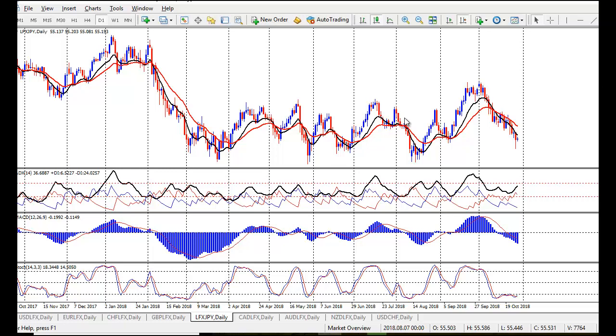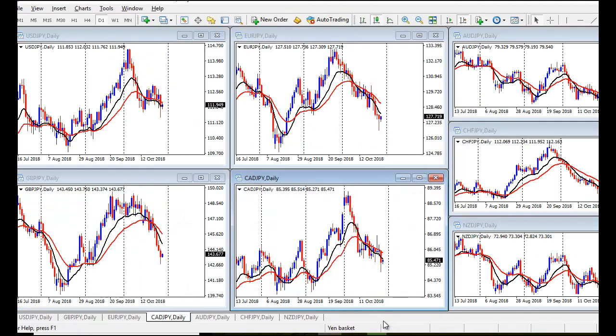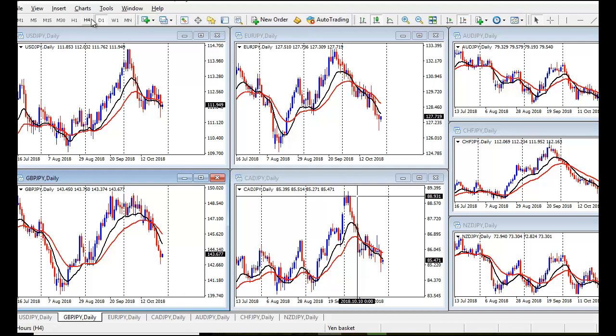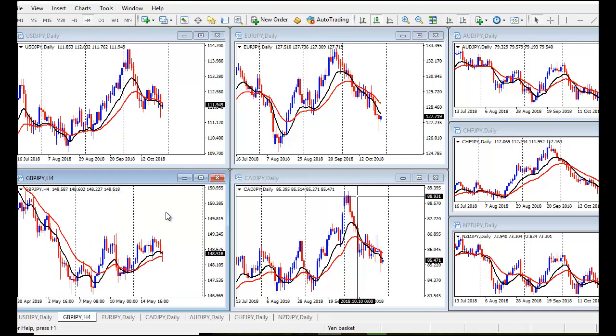So this month it was definitely the pound yen, which did give you some good trade opportunities. Now this is the yen, which has been heading down, so you can see it's a clear downtrend. Now if you take a look at the yen basket, this is the pound yen, which obviously started trending in the last few days. It's been heading down. So even if I take you to the 4-hour time frame, you can see that it has been trending down in this month.